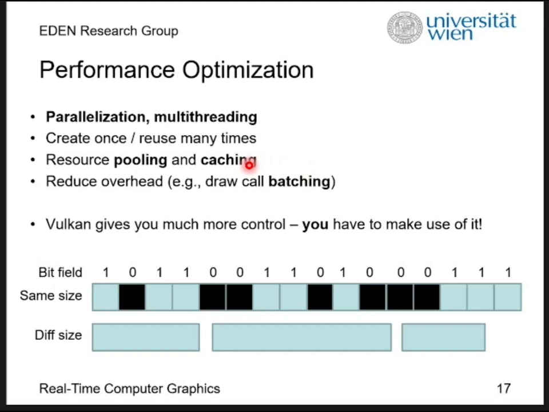Caching, obviously, as I said, on the CPU, caching is king. If you want to program a game, you need to know how the caching works. Otherwise, you're really screwing yourself, okay? Know how caching works in a computer. Avoid accessing main memory as much as possible.